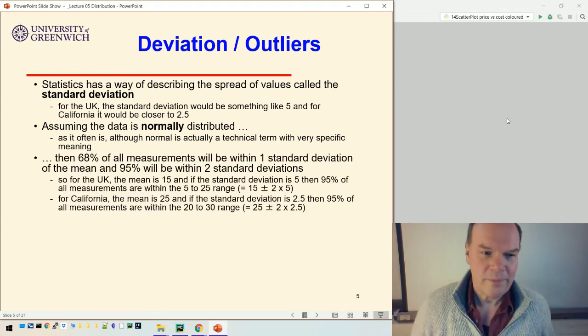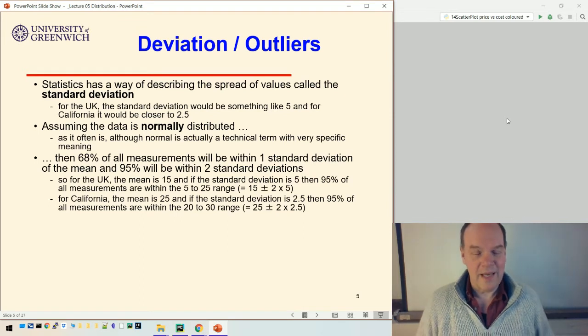If your data is normally distributed, what the standard deviation means is that 68% of the measurements will be within one standard deviation of the mean, and 95% will be within 2 standard deviations.